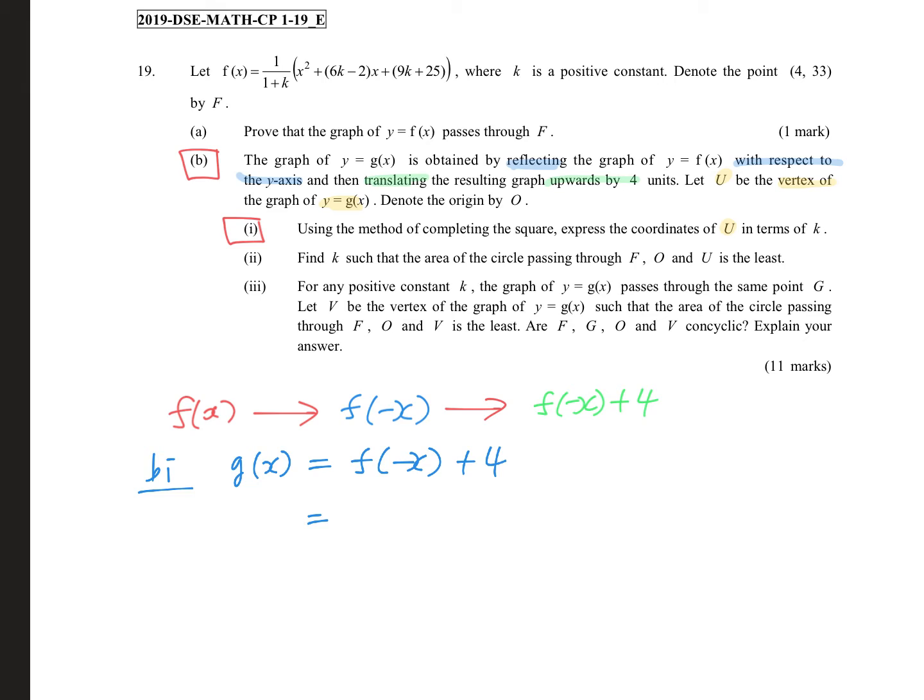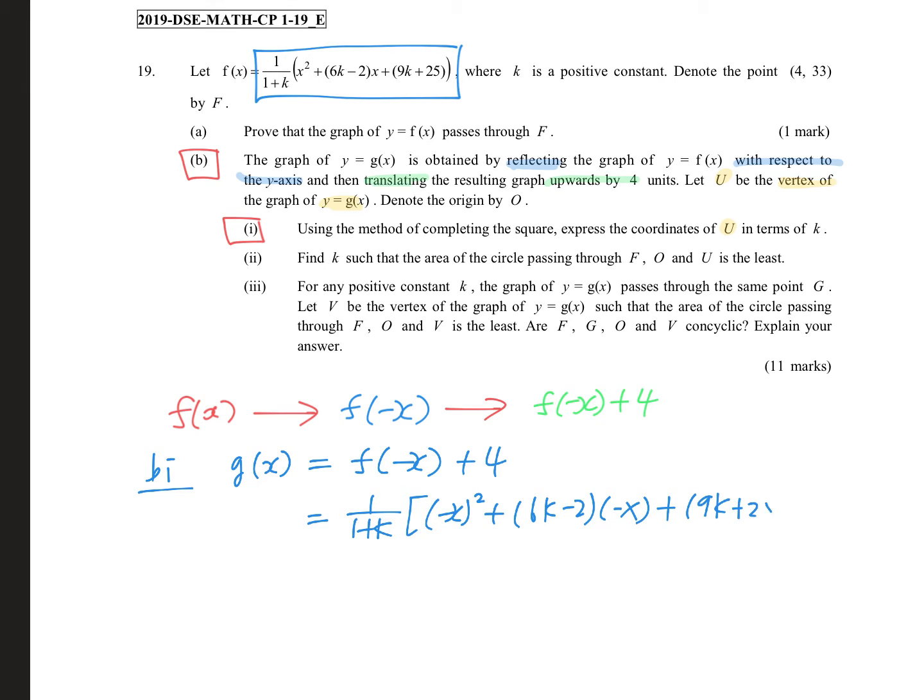And then we try to substitute back into the expression. So it will be 1 plus k, and then the square of negative x, plus 6k minus 2 times negative x, and then plus 9k plus 25. And then outside we need to plus 4.